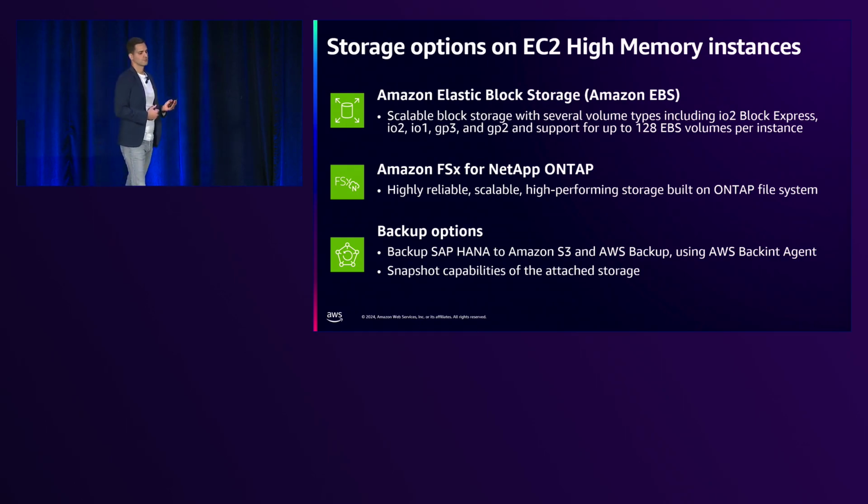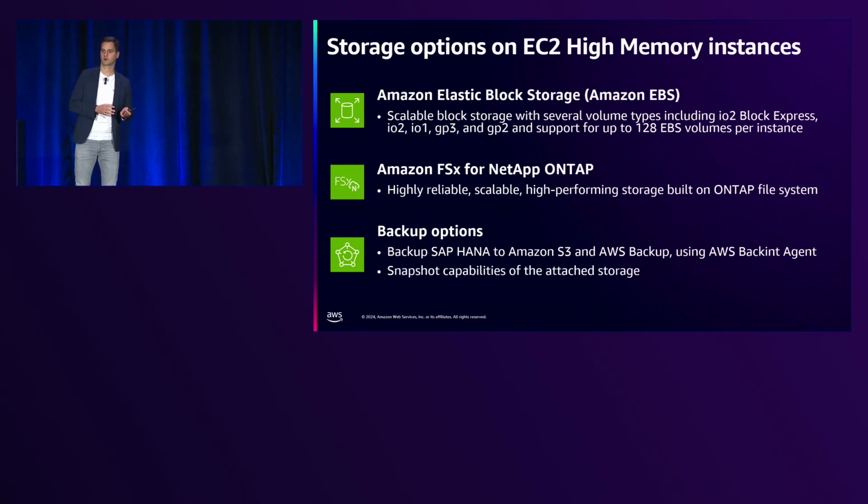Looking at the storage options for these high memory instances, because even though HANA is an in-memory database, you need reliable storage, which is also performant, that gives you the benefits of your instance. We offer AWS Elastic Block Storage, or Amazon EBS, which you can attach to your instance in different flavors and types.